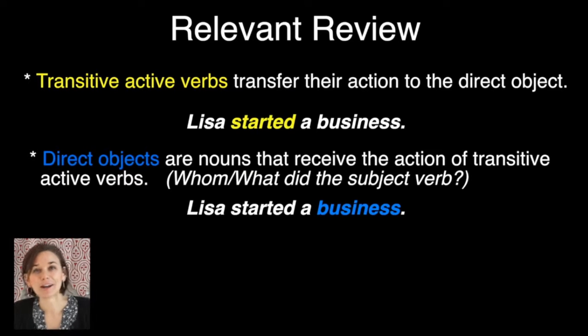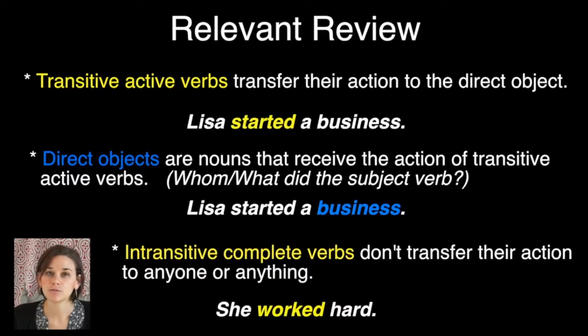You learned that the direct object is a noun or a pronoun that receives the action of a transitive active verb. You also learned the name for the verbs that we have been studying up to this point. So you learned that intransitive complete verbs are verbs that don't transfer their action to anyone or anything. They're complete all by themselves.